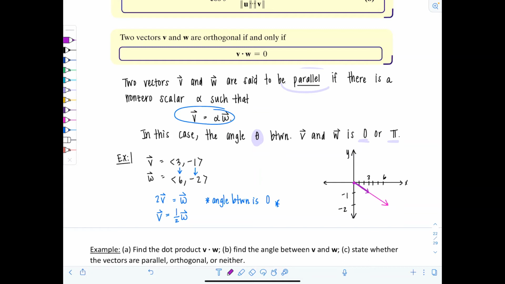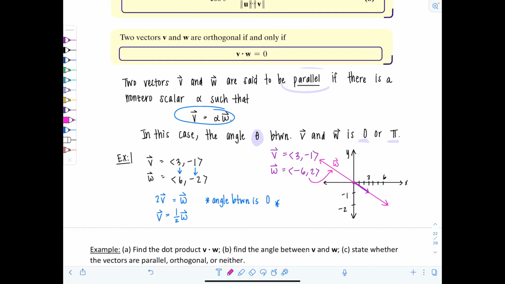All right. Now, if instead we had v, let's leave it as 3, -1, and then w was -6, 2. What would change? Well, then w would be pointing in the opposite direction, right? This way.